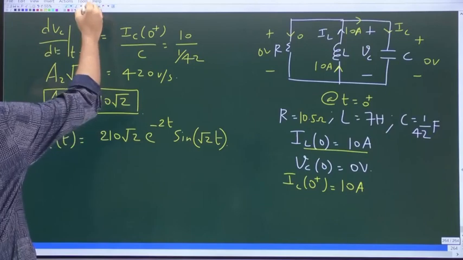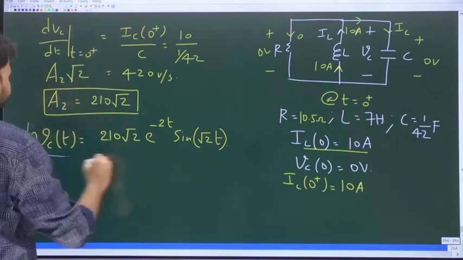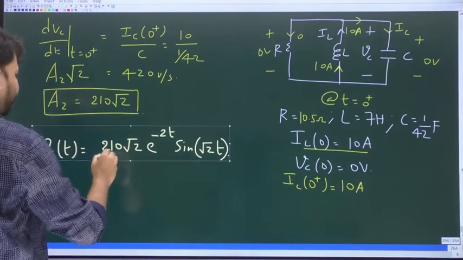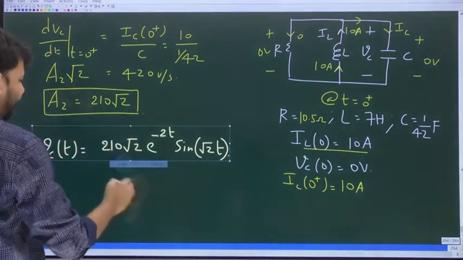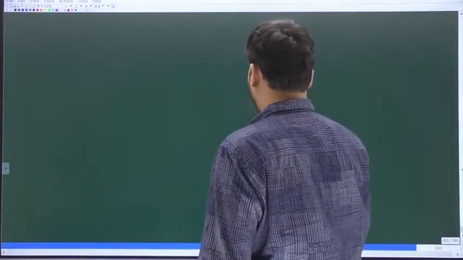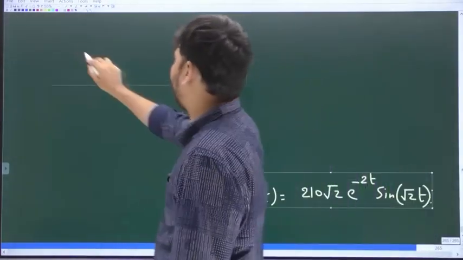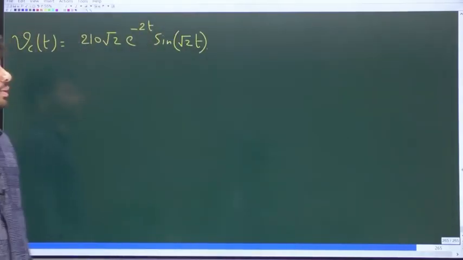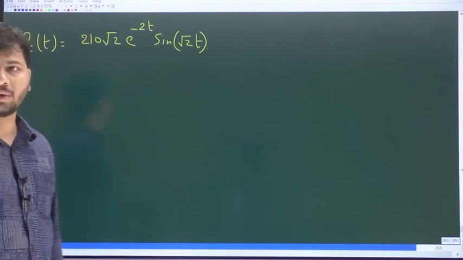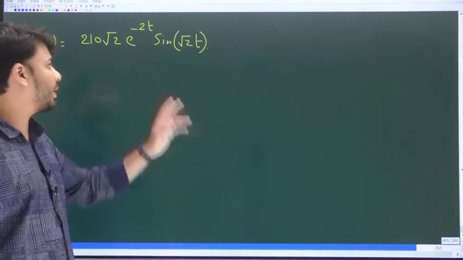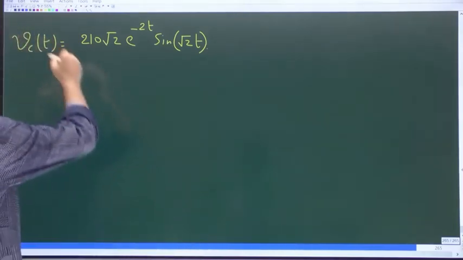Okay. Just look at this. There is a final expression for Vc of t: 210 root 2 e power minus 2t and then sine root 2t.